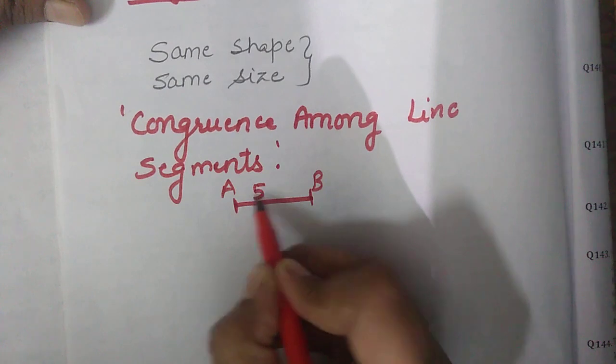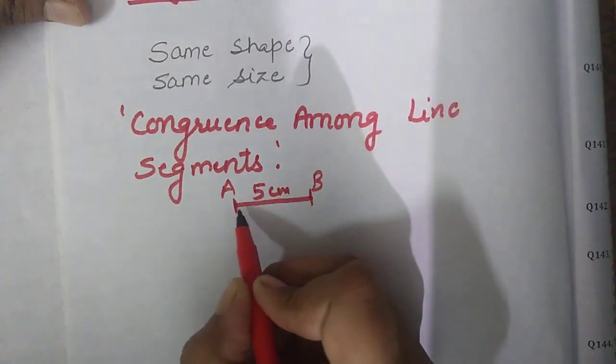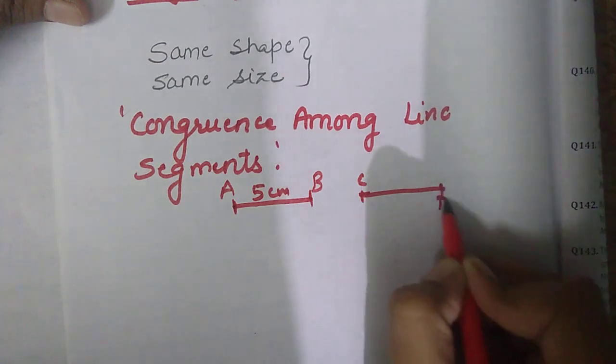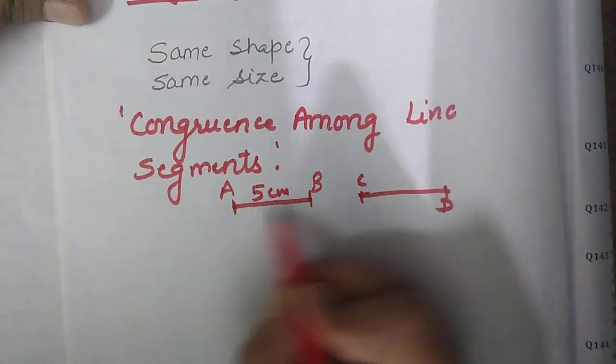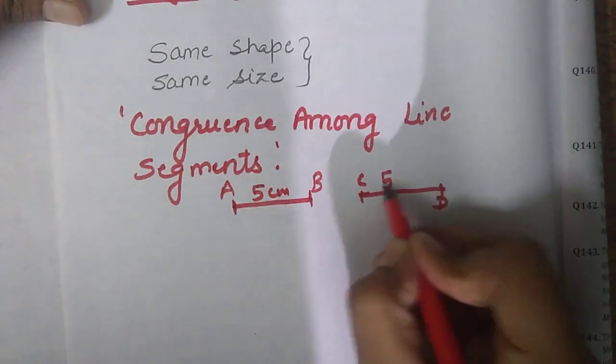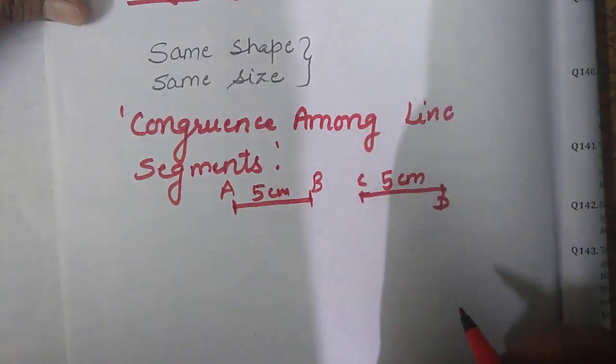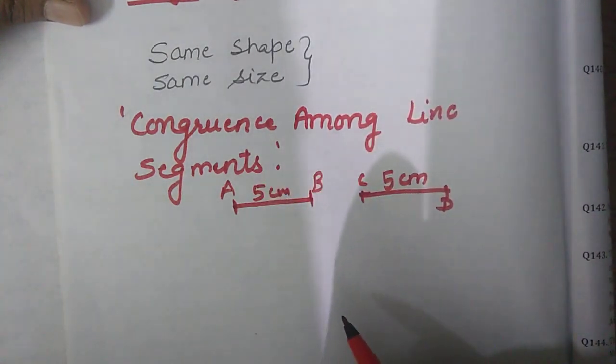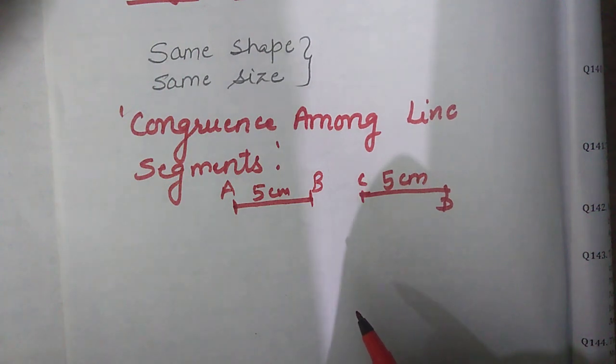Suppose AB is 5 centimeter and CD is also 5 centimeter, then I can say that AB is congruent to CD. So we can say the two line segments are congruent if they are of equal measurement.